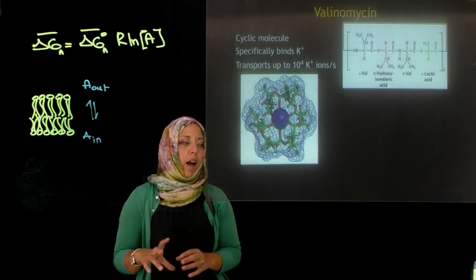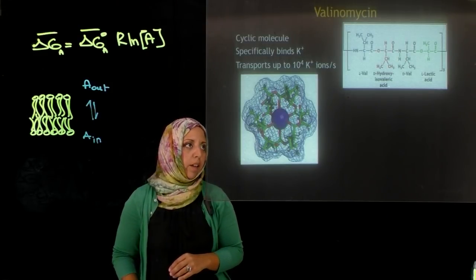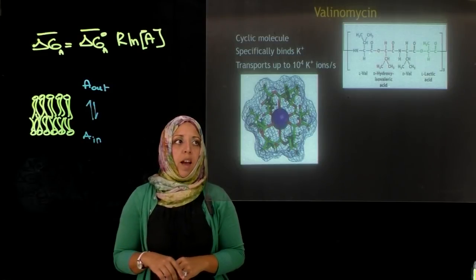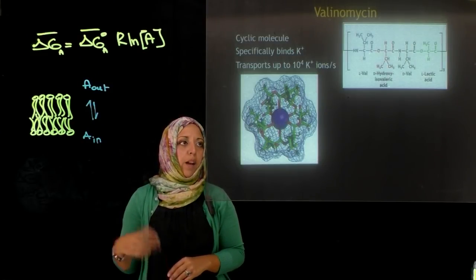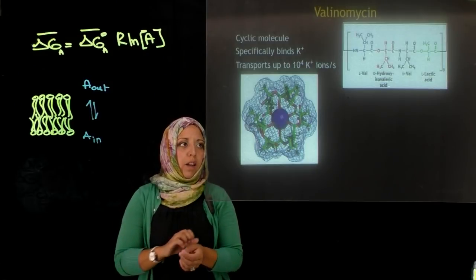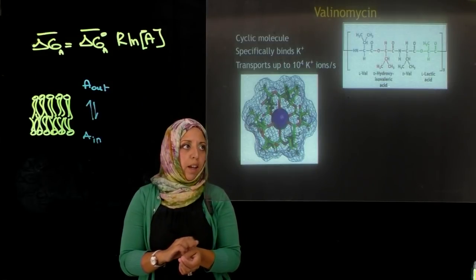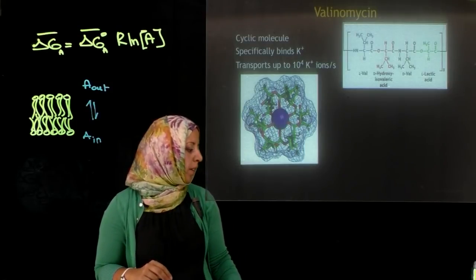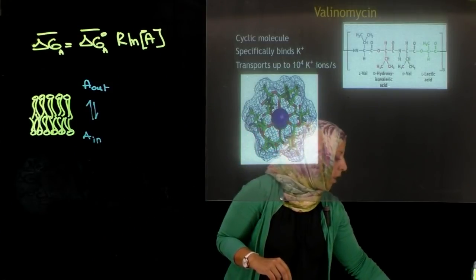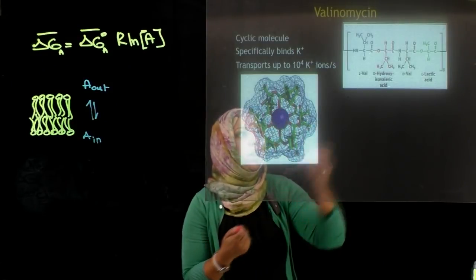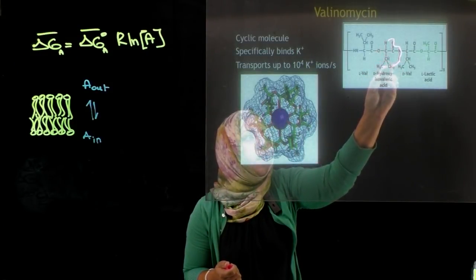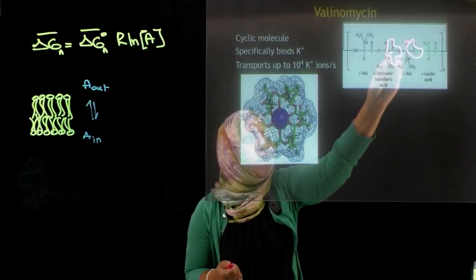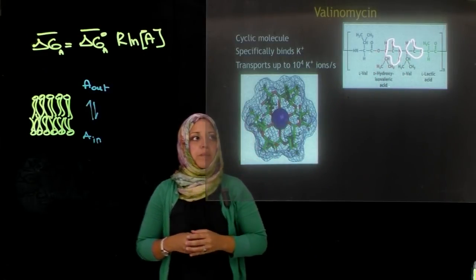If we take a look at valinomycin, it is composed of both D and L amino acids. We have L-valine, dihydroxyisovaleric acid, D-valine, and L-lactic acid, and it has two different types of bonds. It has both peptide bonds and ester bonds present.